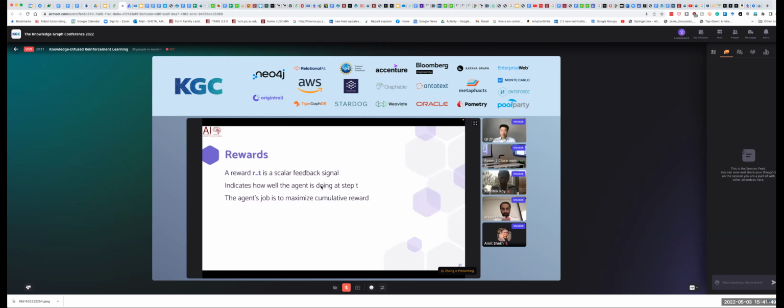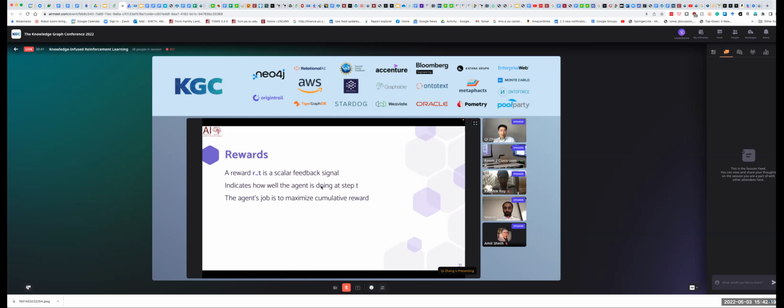So what's underlying this framework is the reward signal, a critical concept in such a learning framework. More rigorously, a reward is some scalar feedback. By scalar, we mean it's just a number, a real number, generated by our trainer, by the environment.